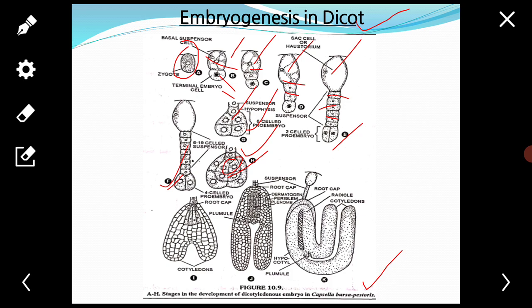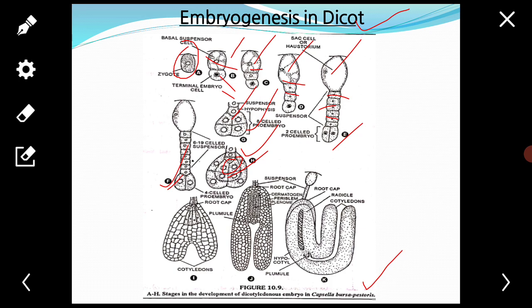The hypophysis divides by transverse and longitudinal divisions to form 3 tiers of cells.